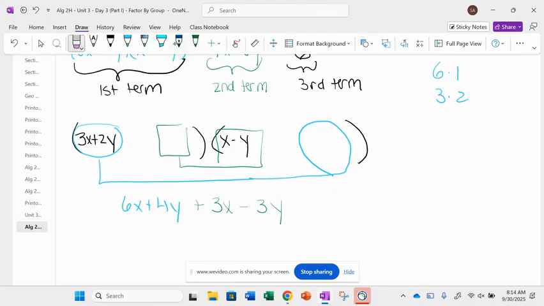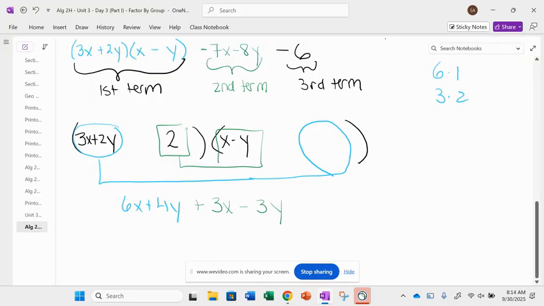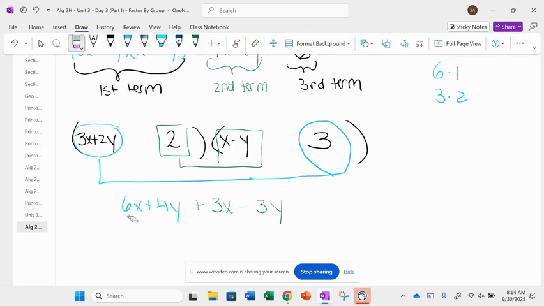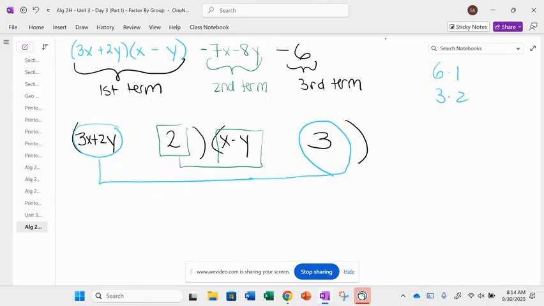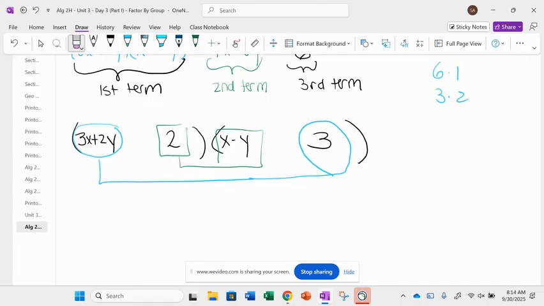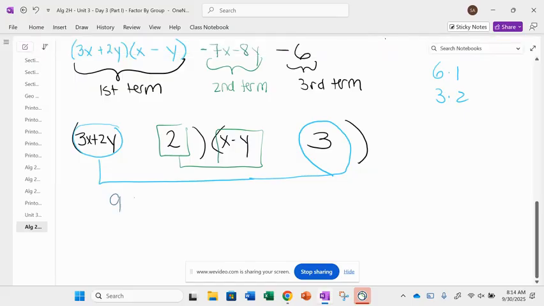I have to put the 2 here. So I'm just switching them, and the 3 here. And I'll leave off the sign so you don't get confused. So now we're going to have 3x plus 2y times 3. That's going to give us a 9x and a 6y. And then we're going to have 2 times x minus y, which will give us a 2x and a 2y.